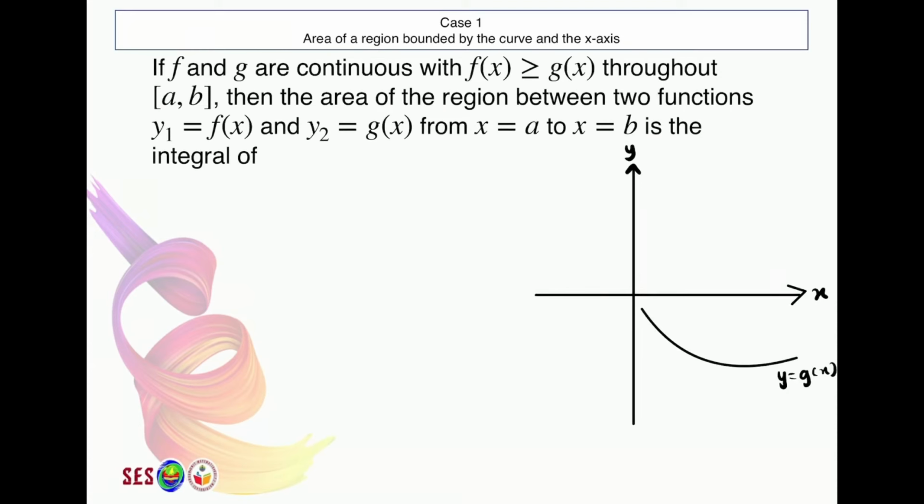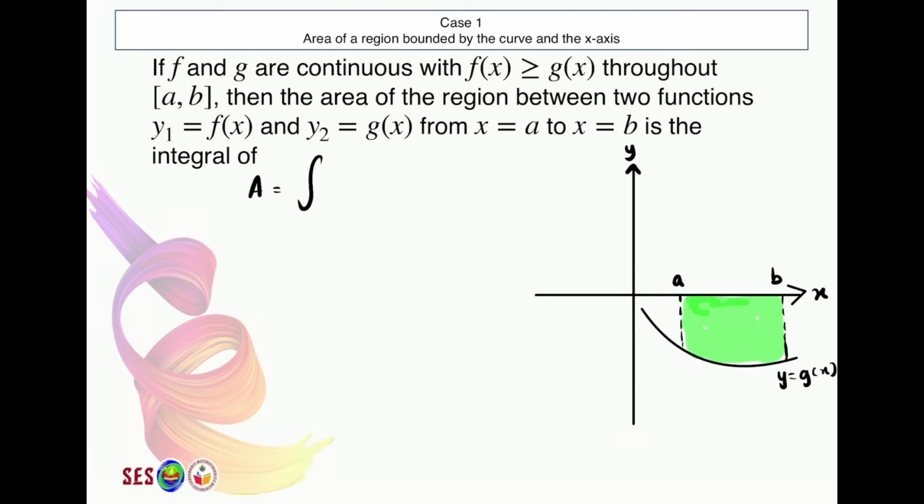Now, if we get a function which is located below the x-axis, and we want to find the area bounded by the curve and the x-axis in the interval a and b, let's say this is our a and this is our b. The desired area that we want to find is the one that I'm shading. How do we find the area? You still use the same formula, which is you take the upper function minus the lower function.